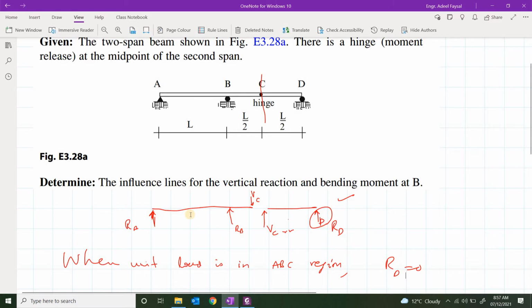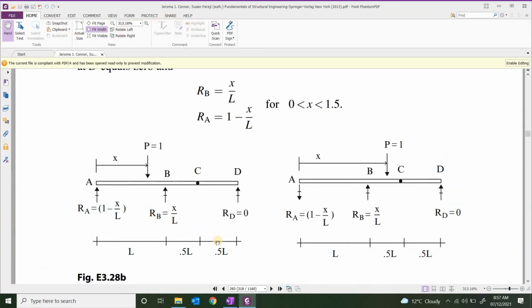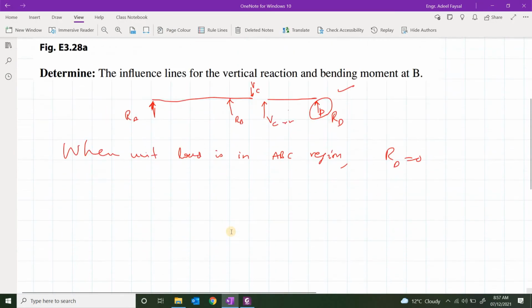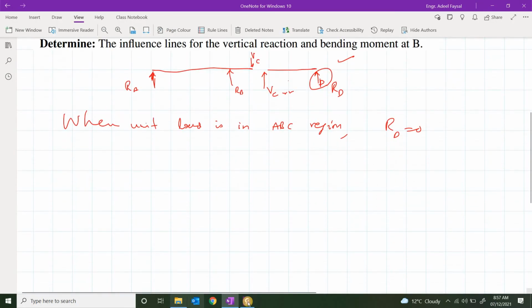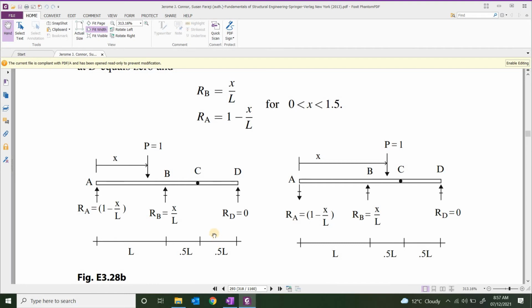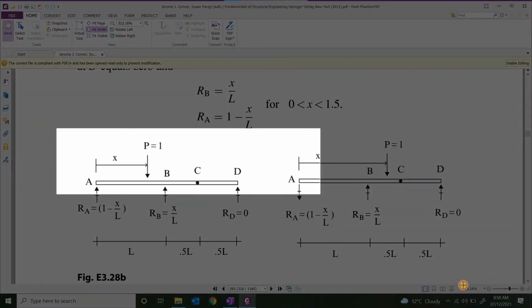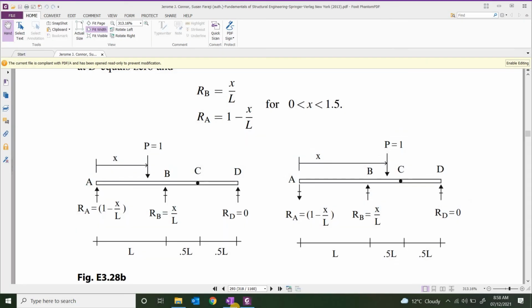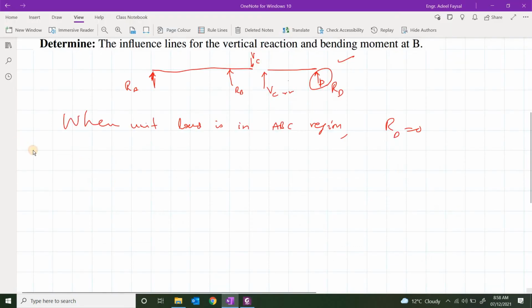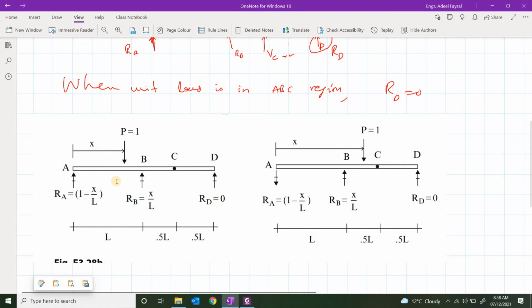Now it means you need to find out, so if the load is in AB region, let me show you. So in these cases, the load is in ABC region.